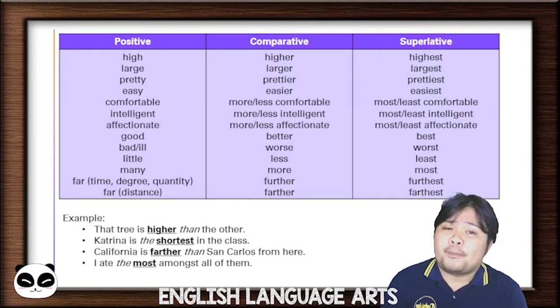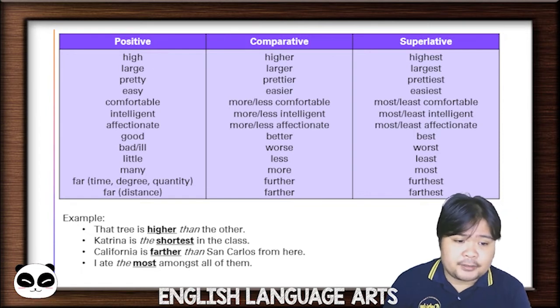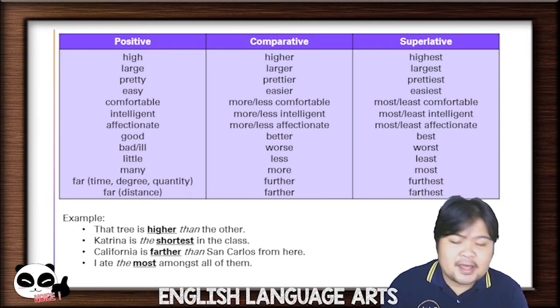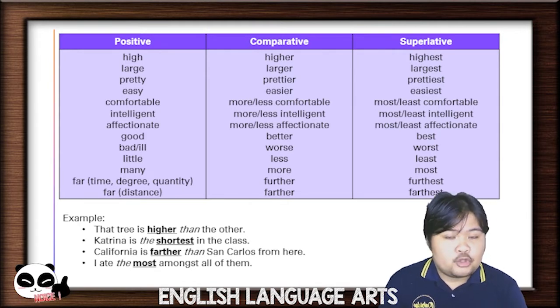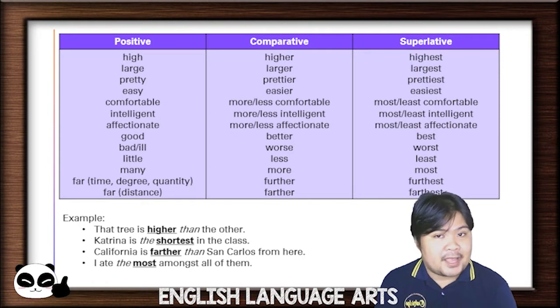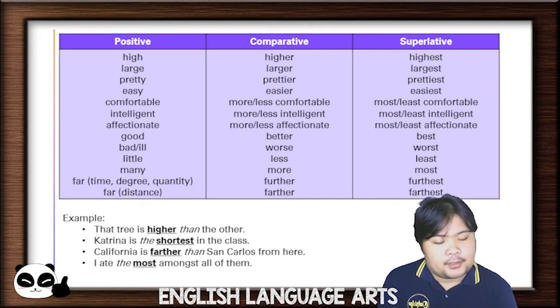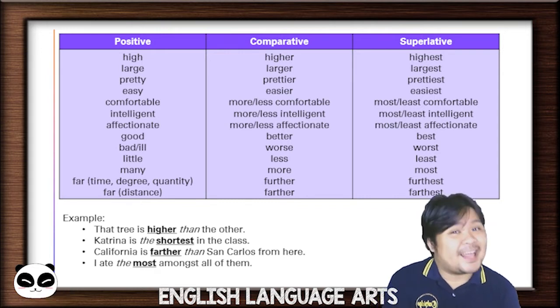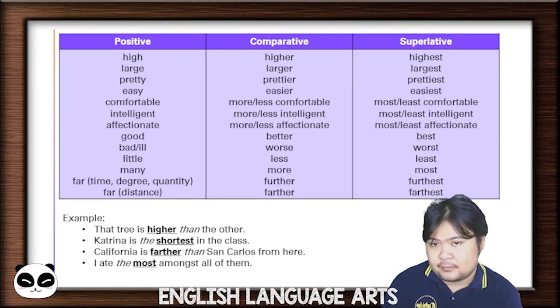When you're using a comparative, like the example over here, that tree is higher than the other. Don't forget the word than after the adjective in comparative form. Or for example, he is more intelligent than she.